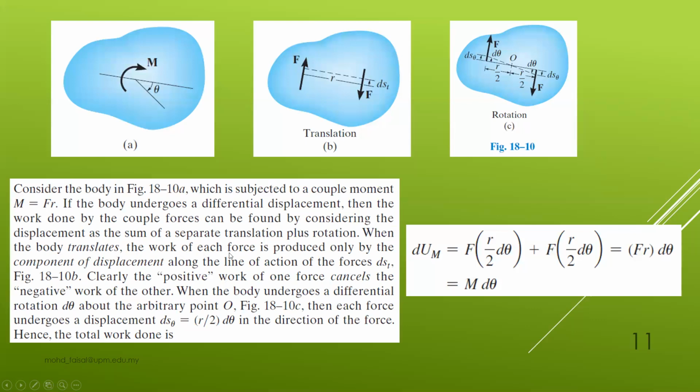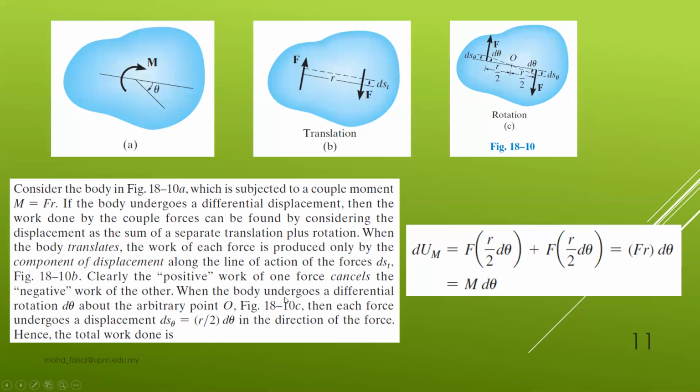When the body translates, the work of each force is produced only by the component of displacement along the line of action of the force. Clearly, the positive work of one force cancels the negative work of the other.